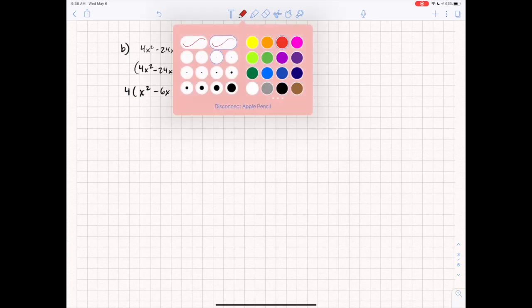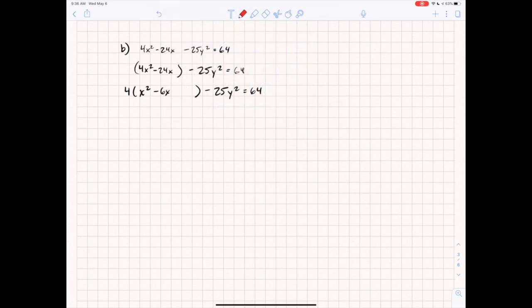All right, and so now when we complete the square, remember, I'm going to take this middle term here and divide it by 2. So I'm going to get negative 3. And then that gets squared because, again, we're completing the square. So I need to add 9 here in order for this to factor. All right, and so then when I add that 9, though, I can't just add a number randomly. Remember, we need to go through and balance that by adding the correct value on the other side of the equal sign.